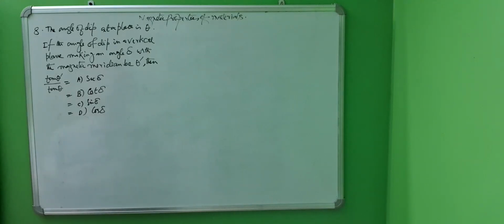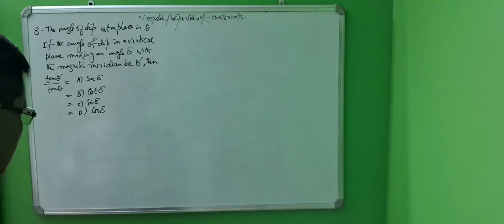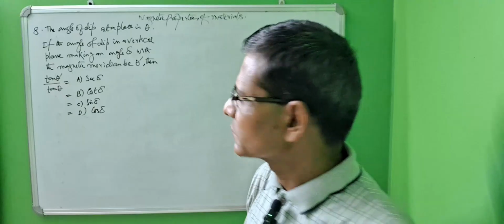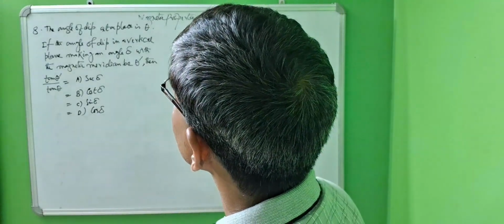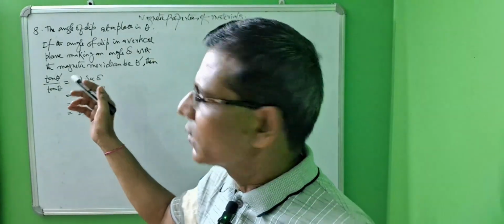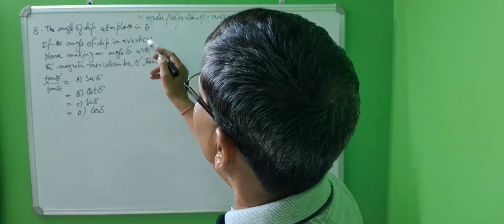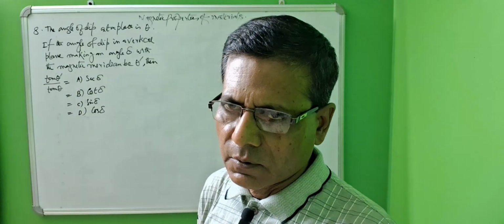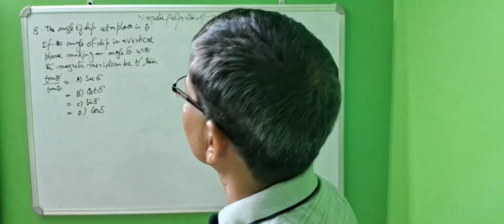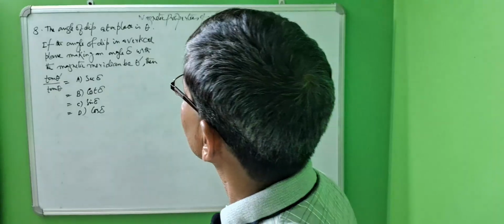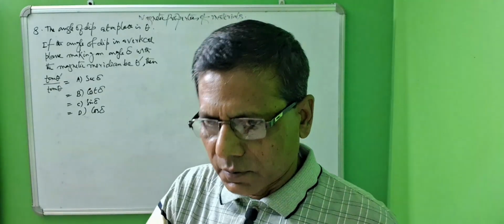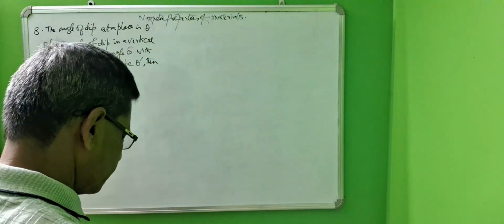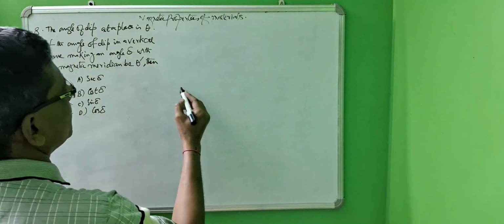then tan theta dash. Here the problem says a vertical plane which is making an angle delta with the magnetic meridian, and in that plane the angle of dip is theta dash. So we can draw the figure as follows.